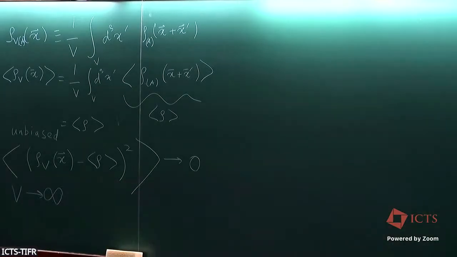The other, more precise way of saying it is that you have to go to a length scale. This volume should be so large that you are at scales where the correlation between the densities basically goes to 0.